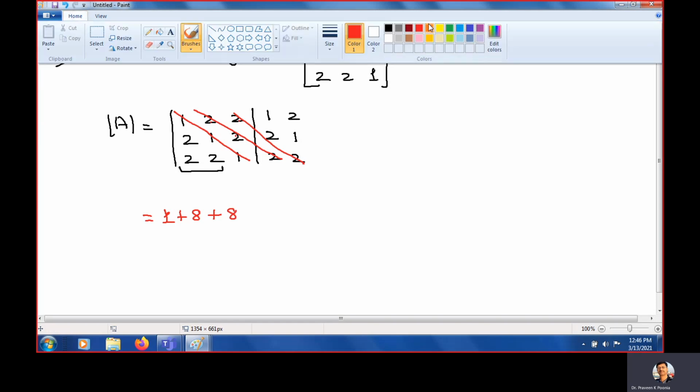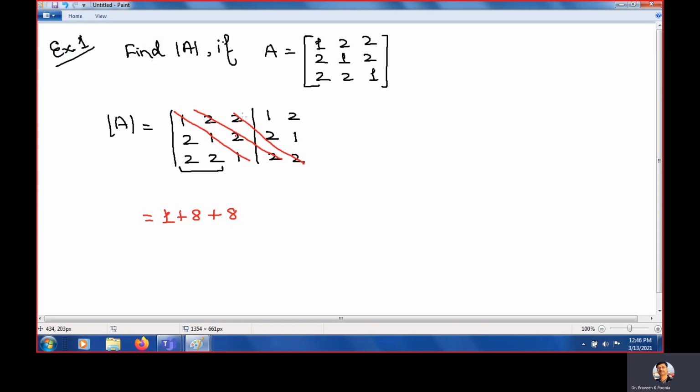These are the values of the forward diagonals. Now the backward diagonals. These are the three backward diagonals. So minus 2 into 1, 2, 2 into 2, 4, minus 2 into 2, 4 into 1, 4, minus 1 into 2, 2, 2 into 2, 4.